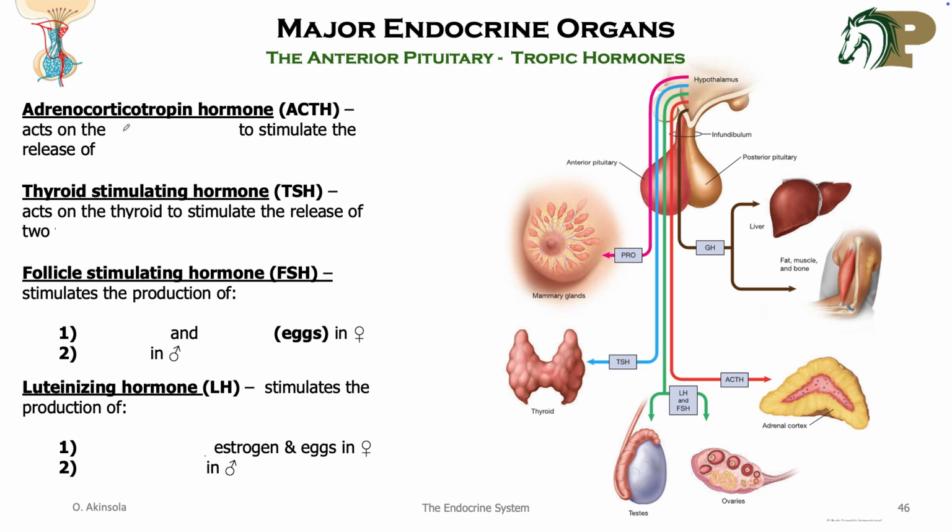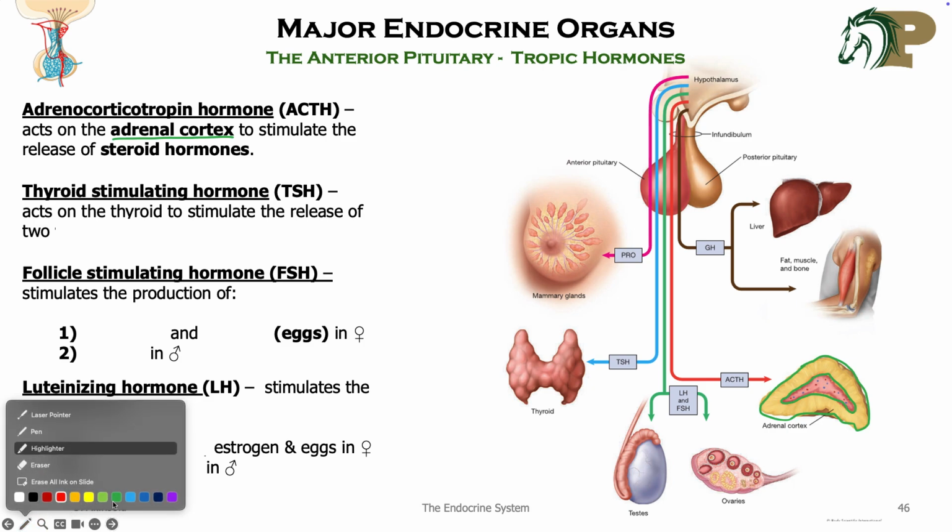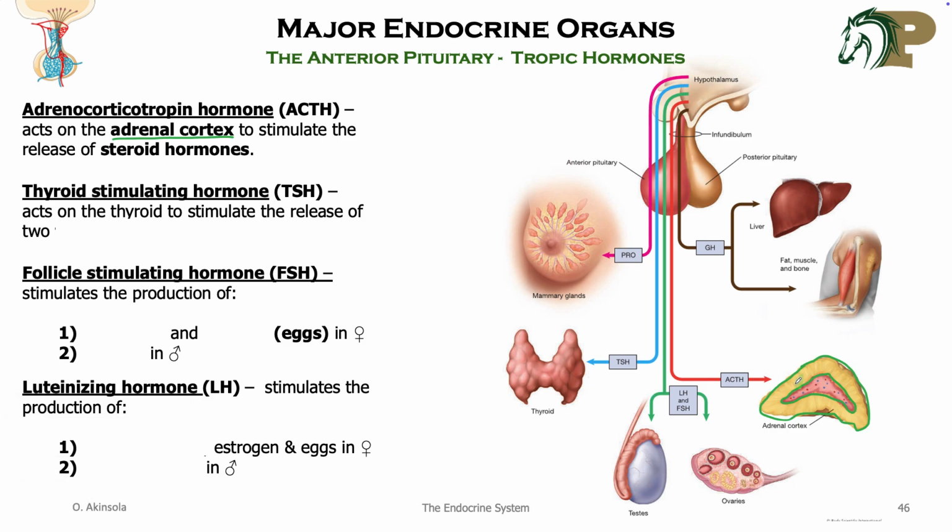ACTH is going to act on the adrenal cortex of the adrenal gland to stimulate the release of steroid hormones. So remember, the adrenal cortex is this outer part, I'm just going to highlight here and here. And then I'm going to get a little highlighter and shade in all of this. So all of this here is all adrenal cortex.